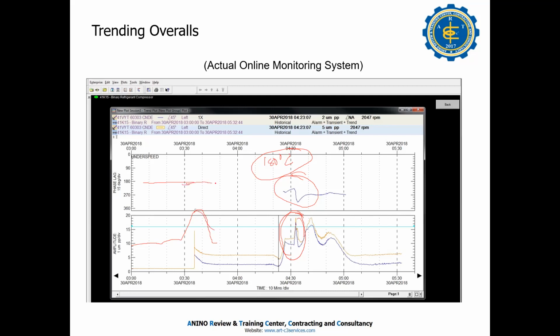There's no change in phase angle, so this vibration is true vibration. There is a problem. But here, running, there's a phase change with high vibration, meaning that is the critical speed, with high amplitude.